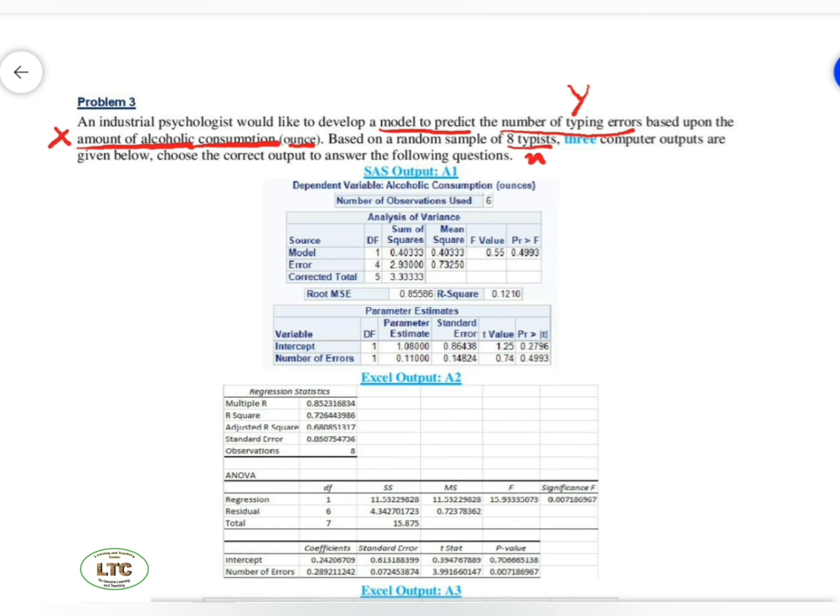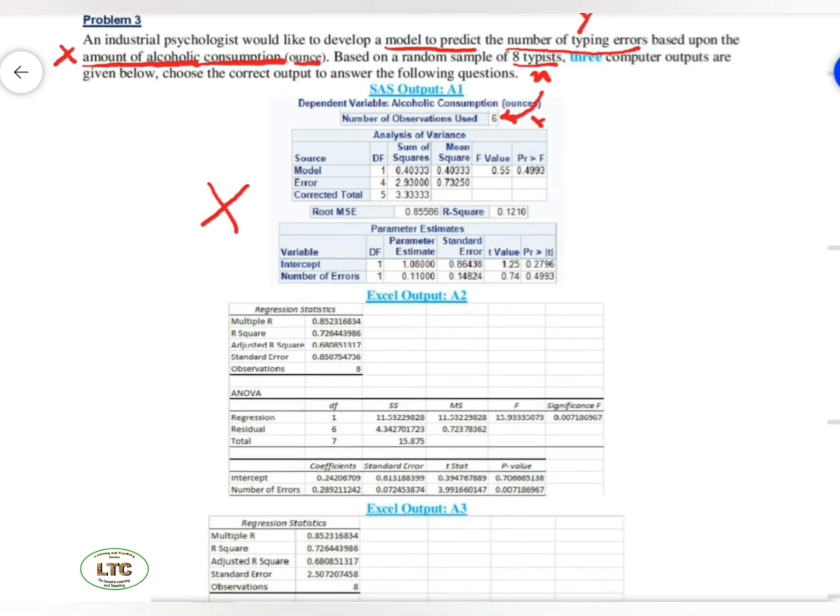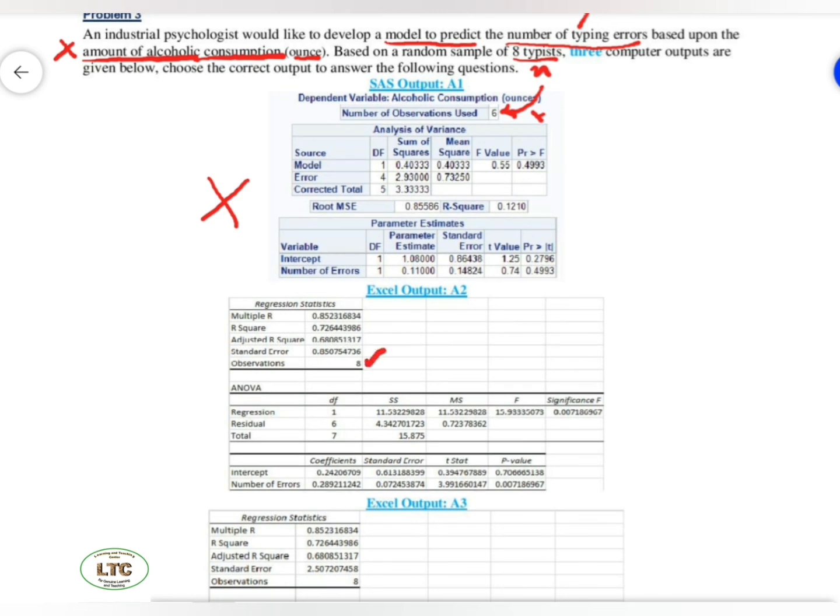A1, here n is 6, false. A2, n is 8, correct. How about this? Number of errors, this is Y, this is false.